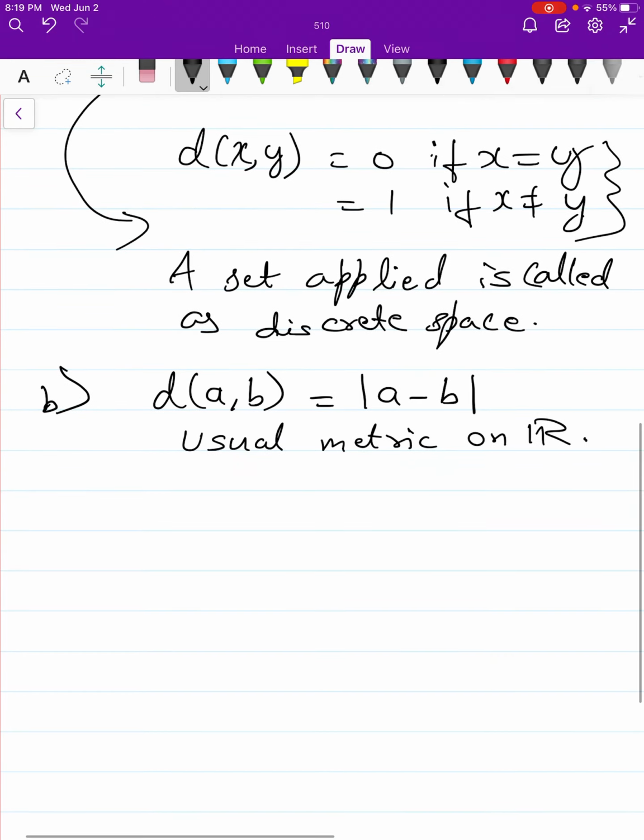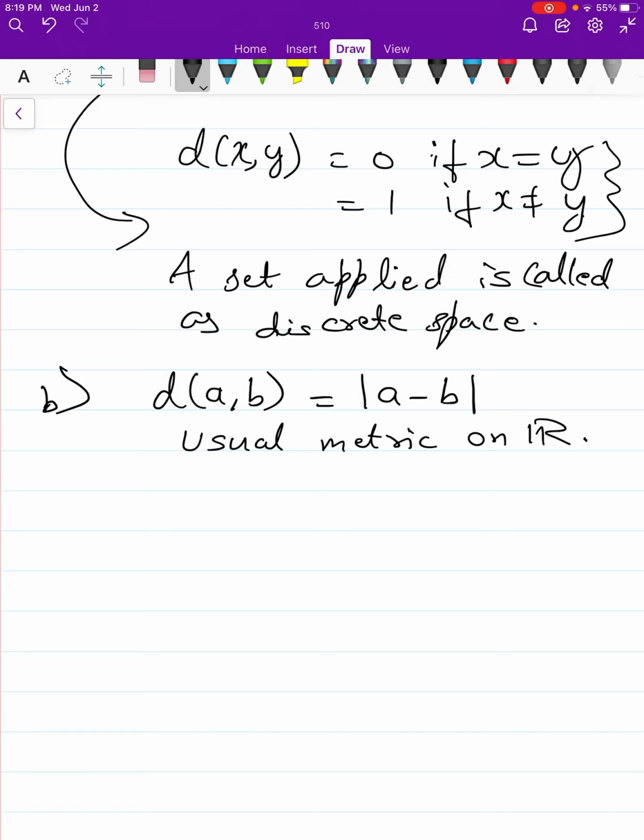Any subset of a metric space is again a metric space, in a natural way. If D is a metric on M and if A is a subset of M, then d of x comma y is defined for any pair of points x comma y belonging to A. D, when restricted to A cross A, will definitely satisfy all the 4 properties.